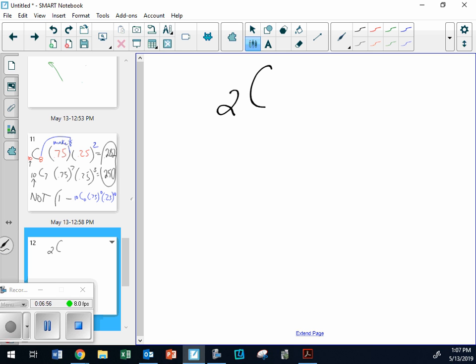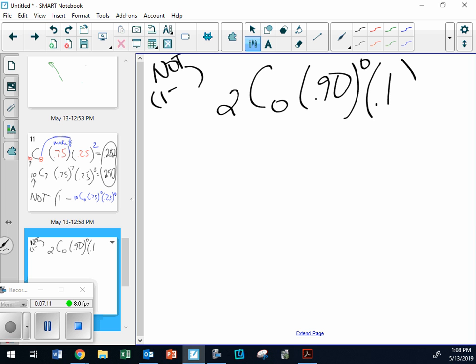I'm going to do the not one, which is 1 minus whatever. So I'm going to do the not 0. Here's the probability is 0. What's 0.1 times 0.1? Well, that's a lot like 1 times 1, which is 1.